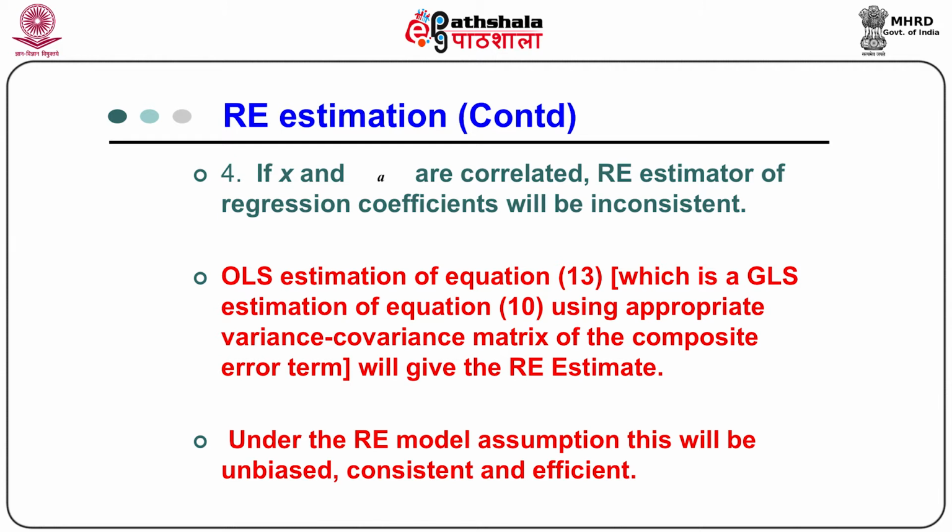So, random effect estimation is basically the generalized least squares estimate of the original data model, allowing for the existence of the appropriate variance covariance matrix of the composite error term. Under the assumptions of the random effect model, this will be unbiased, consistent and efficient. So, GLS estimation of equation 10 will provide us the unbiased, consistent as well as efficient estimate of the structural parameters.